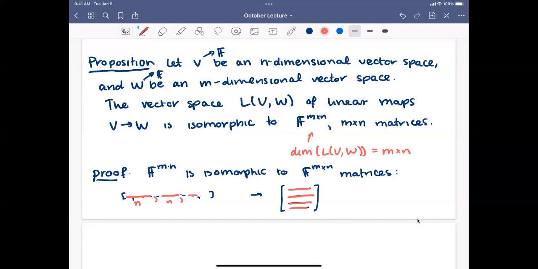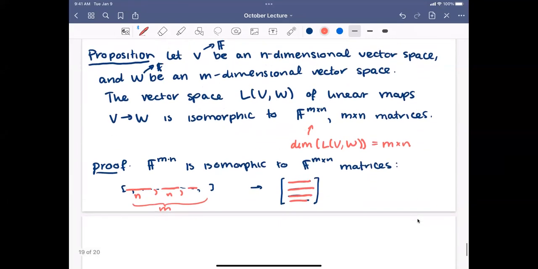And there would be m total of these. So that's why F to the m times n is isomorphic to the space of m by n matrices.